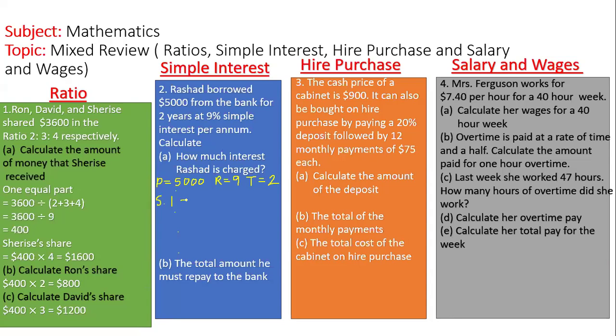equal to the principal multiplied by the rate, multiplied by the time, all of that over 100.